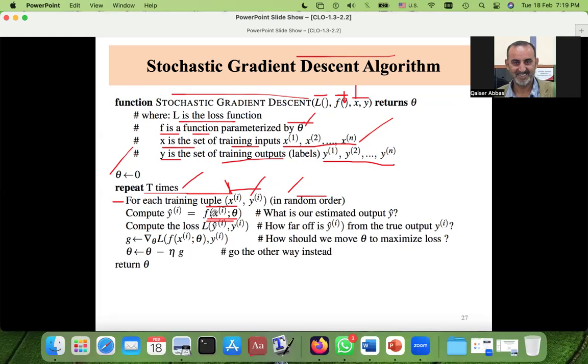Here our model will compute the y cap for this input, either it is x1 or whatever, with these weights. Theta is the weights, w and b, we already said in the previous slide. For example, if it is the Pima Indian diabetes data set, then the first row will have the values, not the column headings.